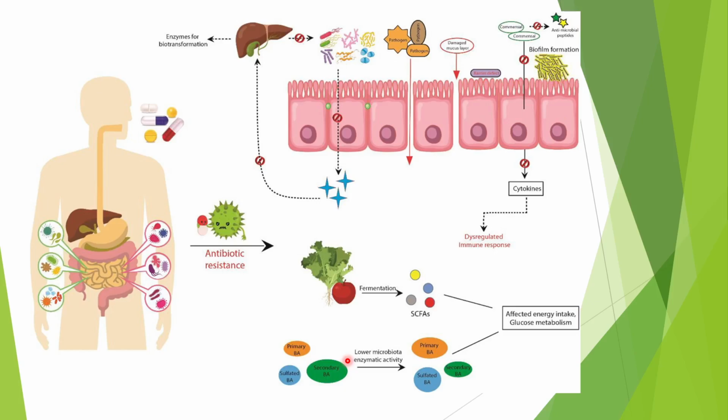A few of them help in enzymatic activity, then glucose metabolism, energy intake, and many of them help prevent biofilm formation. Sometimes they can produce even antimicrobial peptides, and it can prevent opportunistic bacteria or pathogens from growing and establishing an infection. So all these kinds of benefits are affected due to antibiotics, or it can also lead to antibiotic resistance.